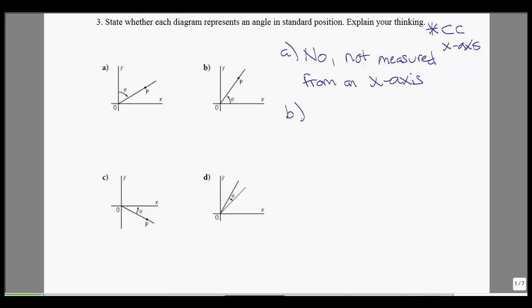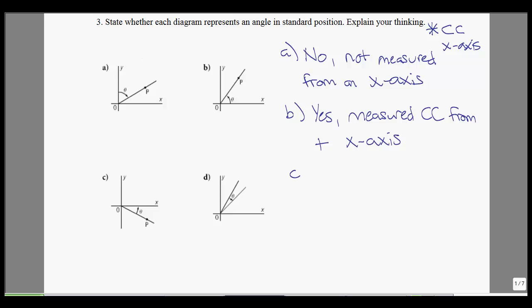How about B? B, we can see it's measured counterclockwise and from our positive x-axis. So B is yes. It is measured counterclockwise from our positive x-axis.